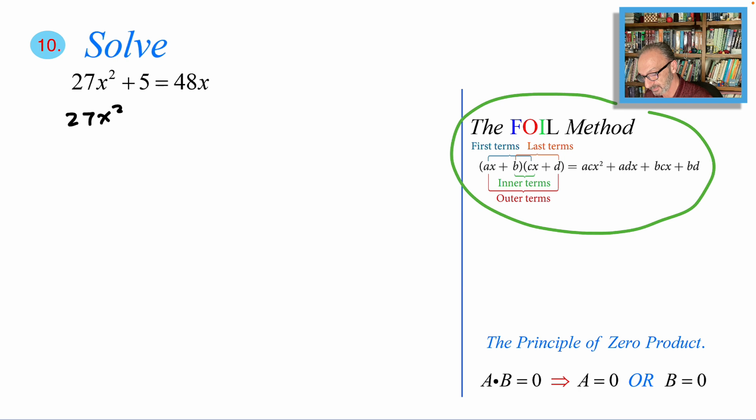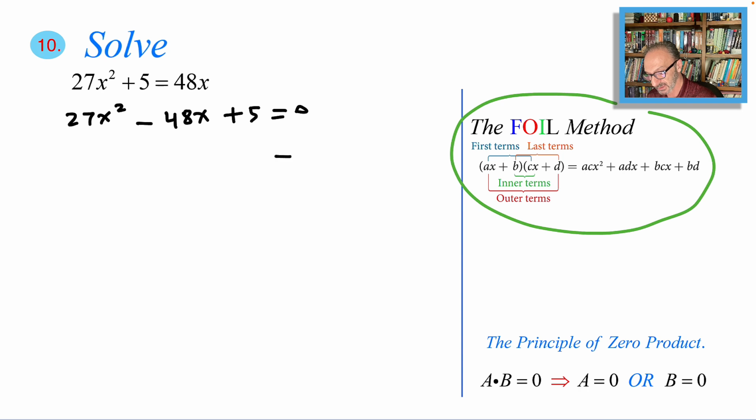27x to the second. By moving 48x to the left, it will show up as minus 48x, and let's put the 5 here. So instead of writing plus 5 minus 48x, I wrote it in descending order so we could start factoring.